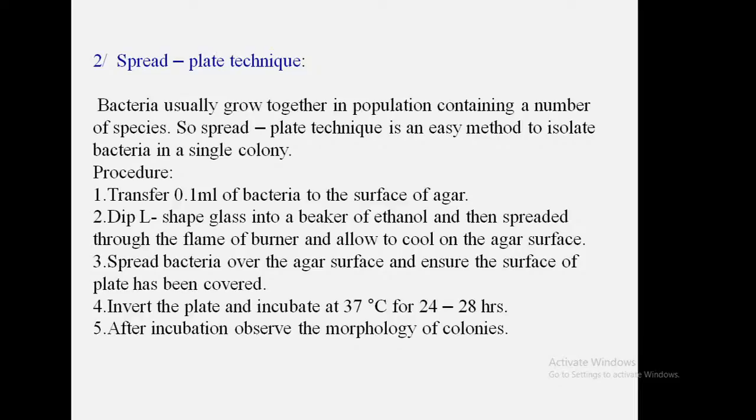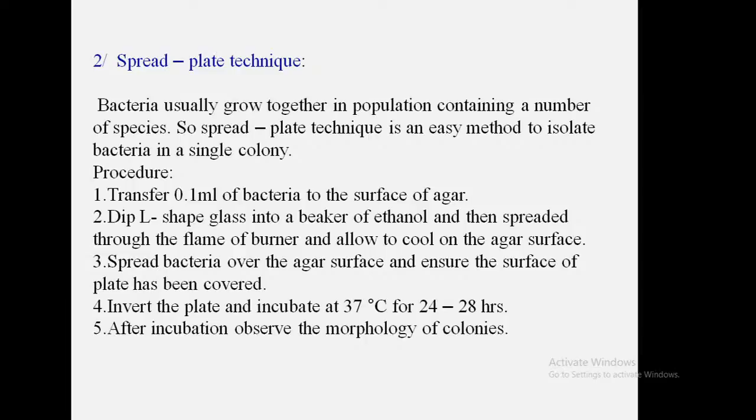Transfer 0.1 ml of bacteria to the surface of the agar. Dip the L-shaped glass into the beaker of ethanol, then pass it through the flame of the burner and allow it to cool on the agar surface.